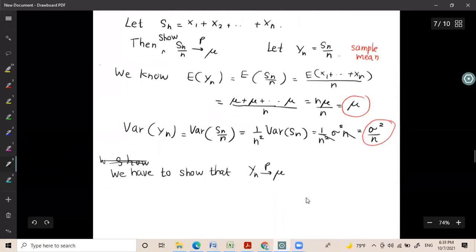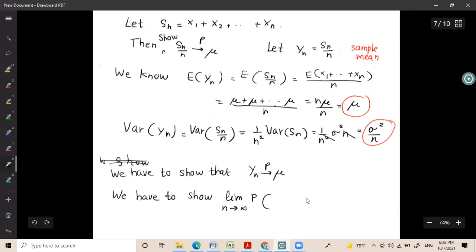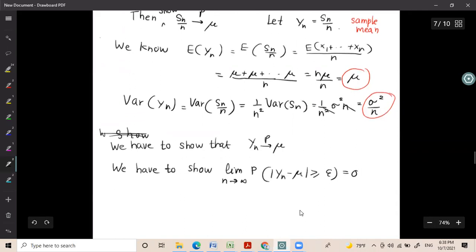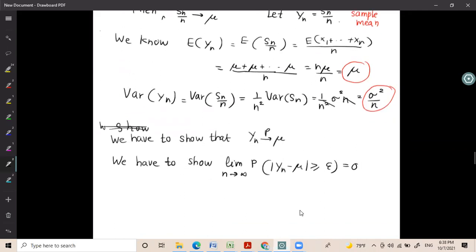Now you know what to do. You have to show that the limit as n goes to infinity of the probability that the absolute value of yn minus mu is greater than or equal to epsilon equals 0. This is what we do all the time. Now again, what do you see here? Straight away you see Chebyshev's inequality.